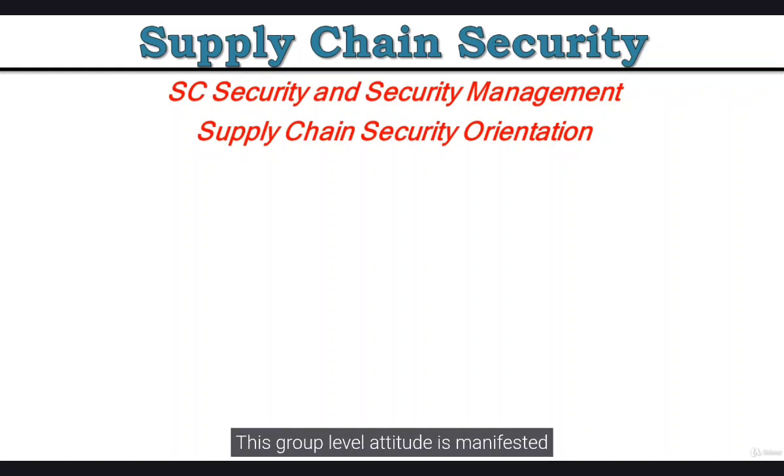This group-level attitude is manifested as four core premises that are consistently mentioned as vital for firms seeking to maintain effective levels of security and in minimizing and managing supply chain risk. The key premises include preparation and planning activities, security-related relationships, organizational adaptation, and security-dedicated communications and technology.